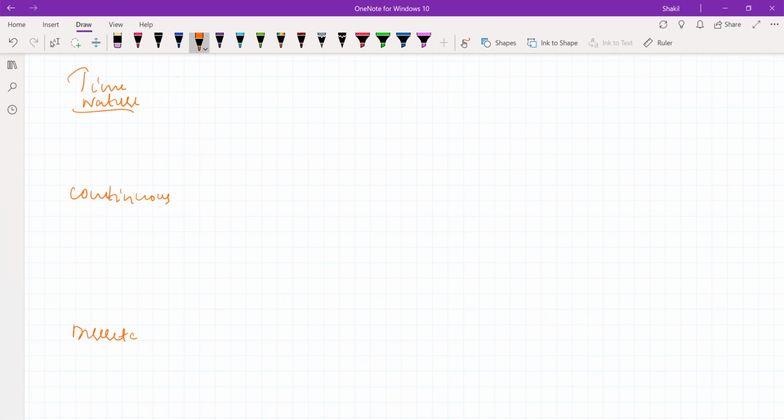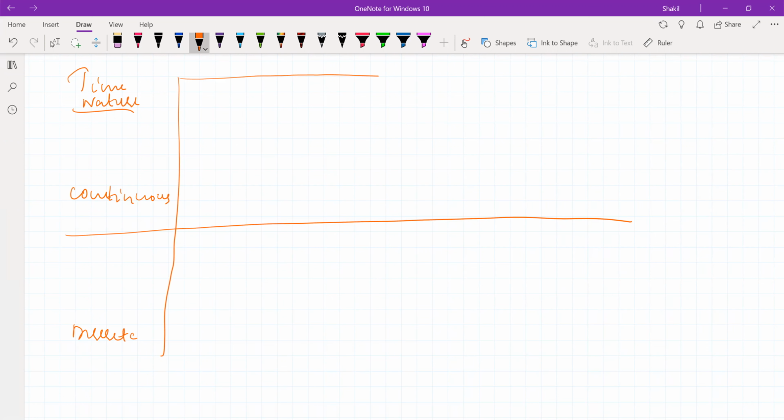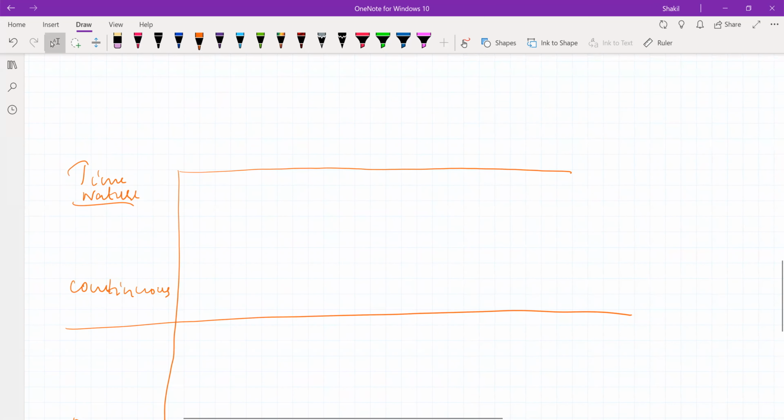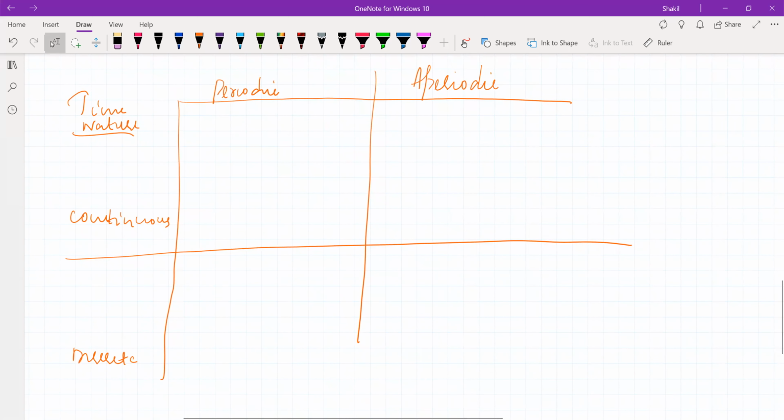So this signal can be continuous or discrete, right? And based on the periodicity, meaning whether the signal is periodic or aperiodic, we have another class of Fourier representation.